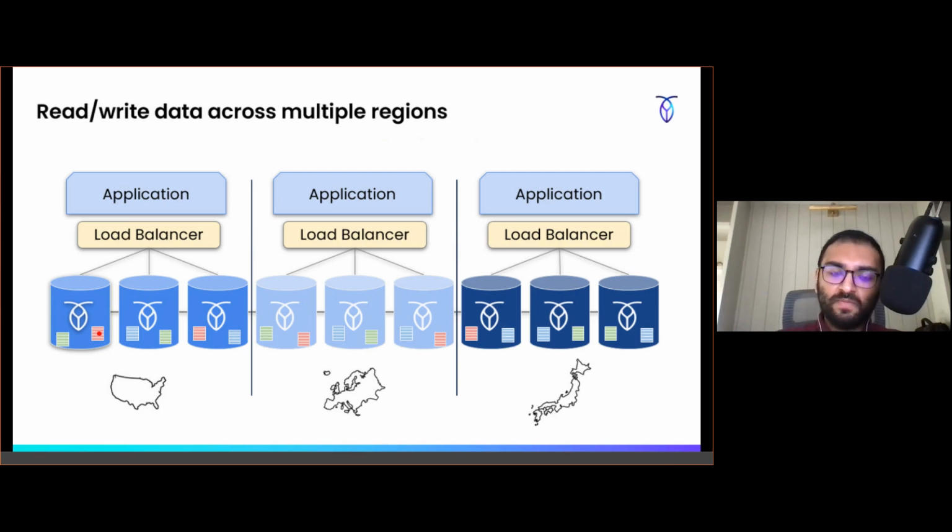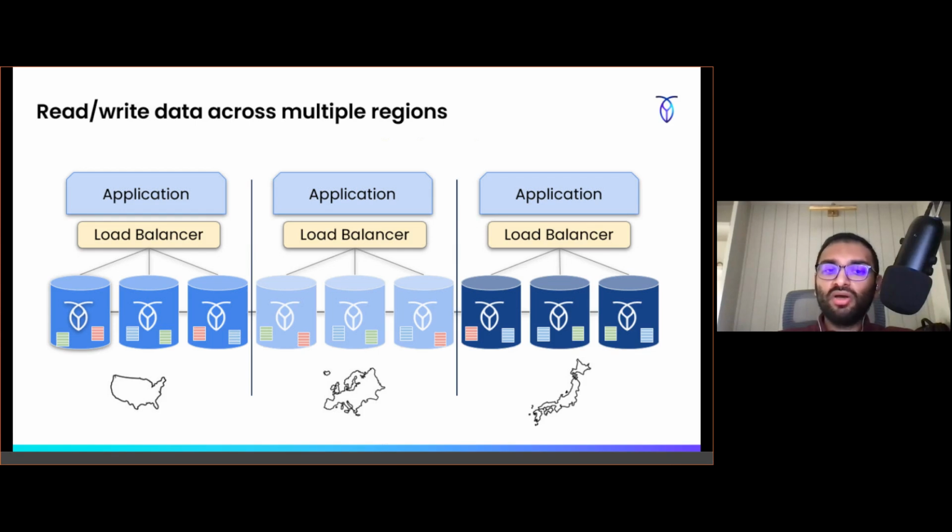Say you had the minimum number of required replicas for your CockroachDB database. You would have a copy in all three regions, so you would have three copies across the database. So if one of your regions went down, you'd still have a majority available.